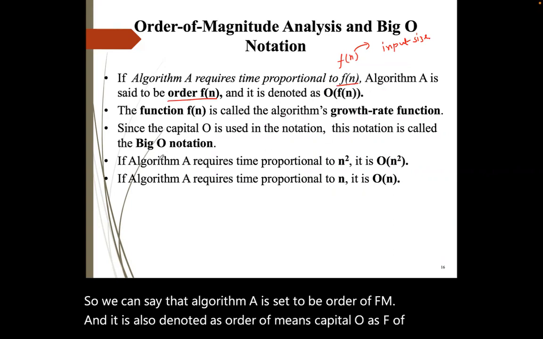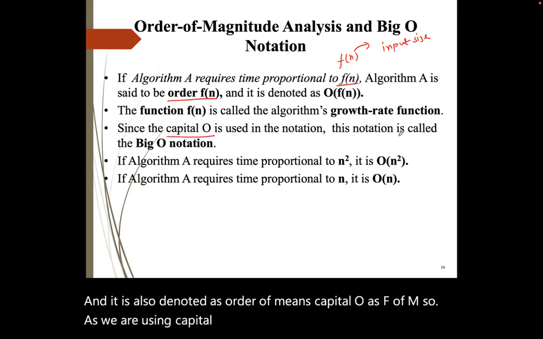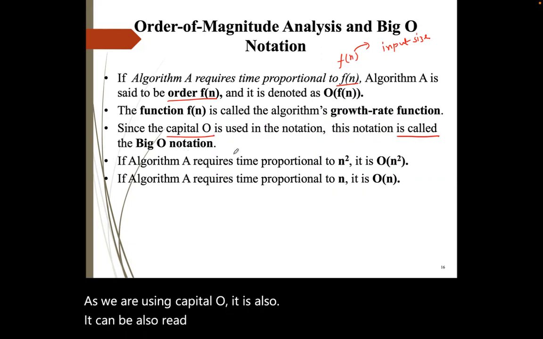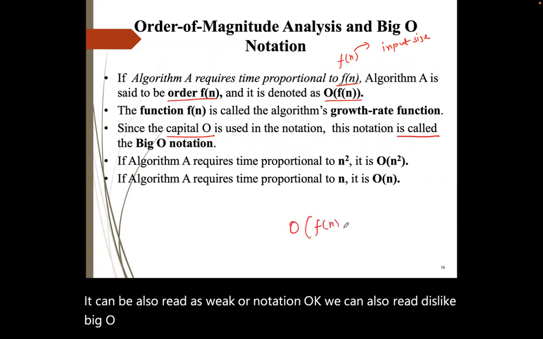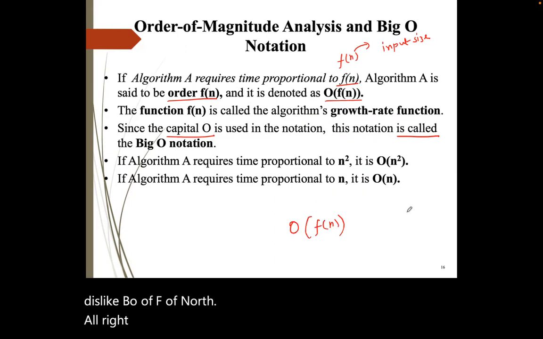As we are using capital O, it can also be read as big O notation. We can also read this as big O of f of n. Now in our last example we saw that algorithm A is proportional to n square.